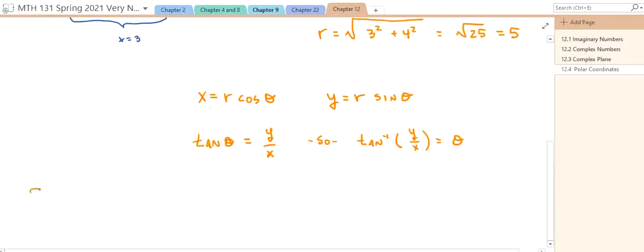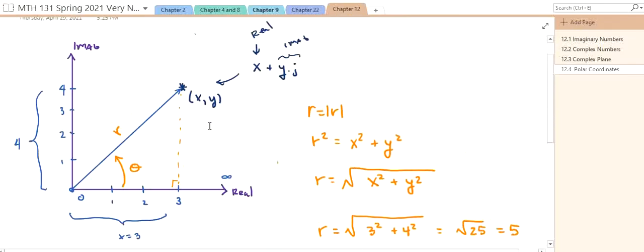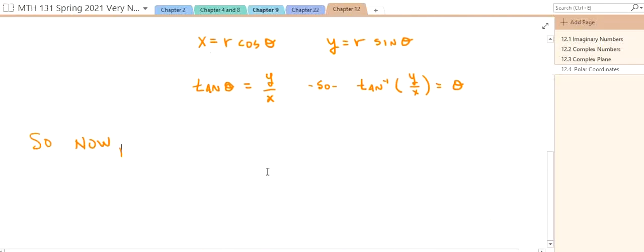So now we can express our vector, instead of in terms of x plus yj, in terms of r and theta.